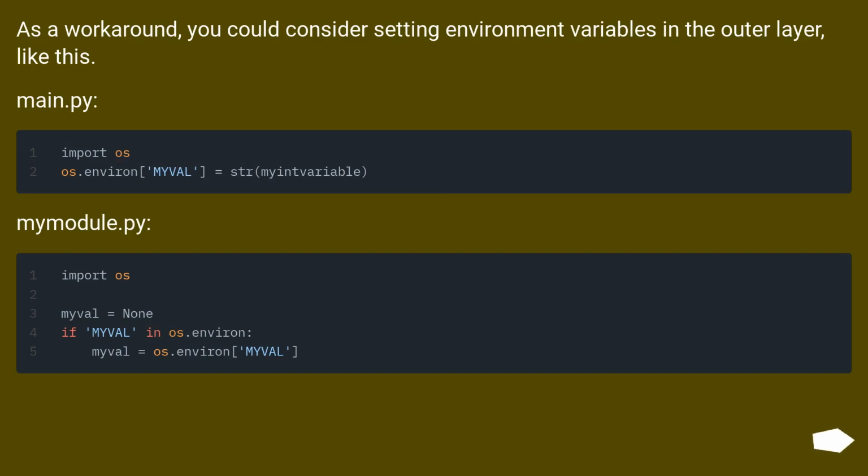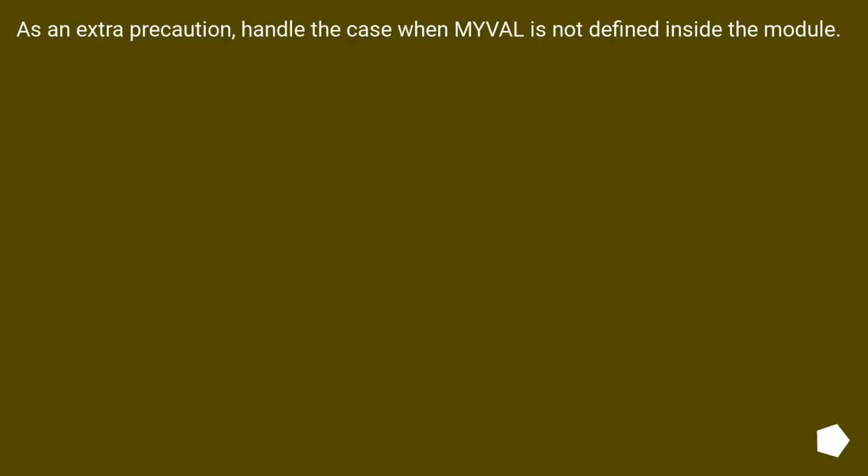As a workaround, you could consider setting environment variables in the outer layer, like this. main.py, mymodule.py. As an extra precaution, handle the case when myval is not defined inside the module.